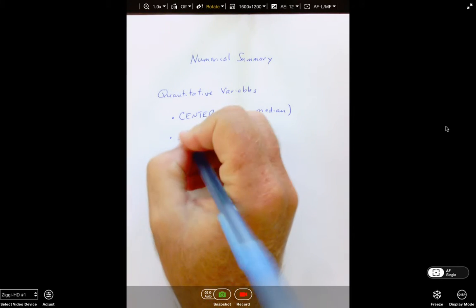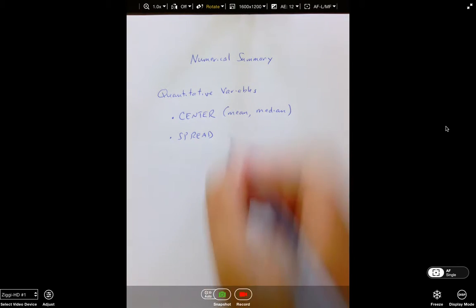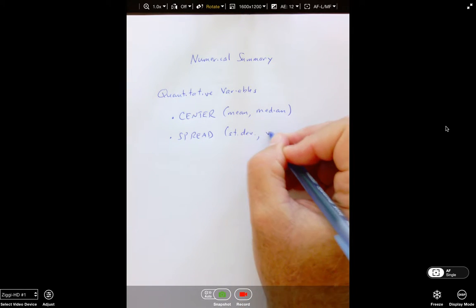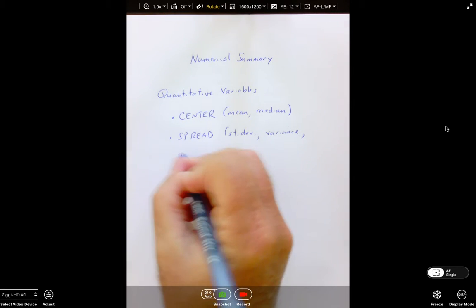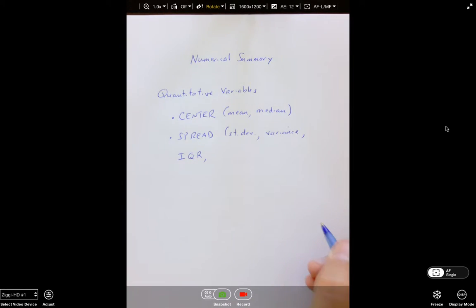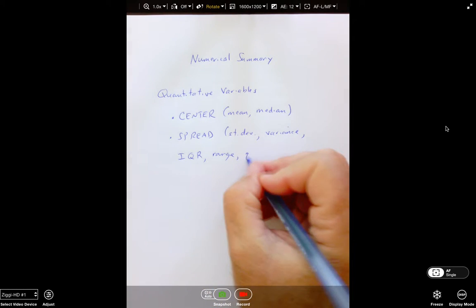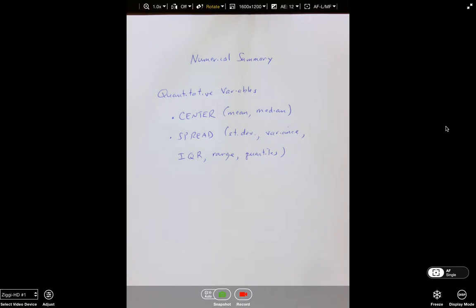We need to be able to make what's called a spread statement, and we can do that with the standard deviation, the variance, the IQR, the range, or the quartiles. All right?